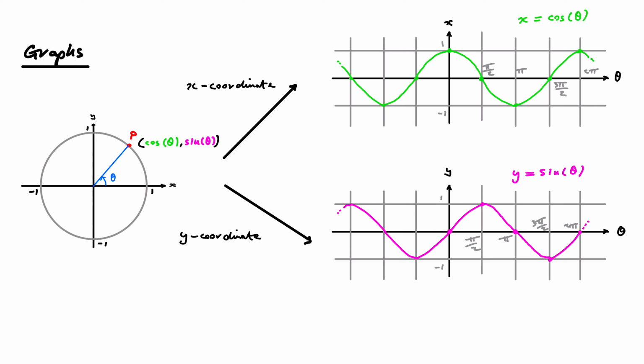Now, I look at these, and there's something about these graphs which is very different from all the other graphs I saw before. Namely, they seem to be repeating themselves. So let's single out a property which means a function repeats itself.